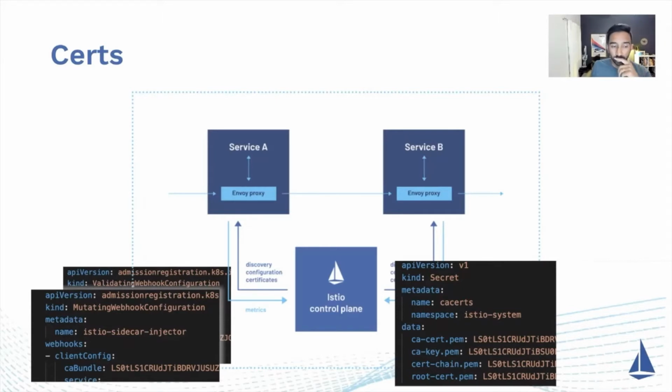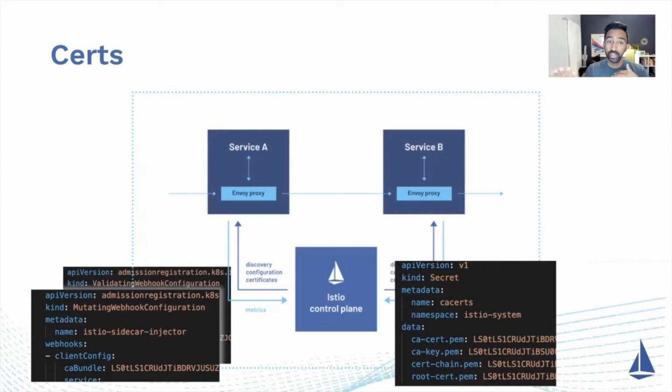So now, why is that important? Sometimes you do an update and you're not able to apply any more config. Well, that's probably your validating webhook configuration not being able to talk to Istiod. Or you're not able to deploy a new pod. Well, that's probably your mutating webhook configuration not being able to talk to Istiod.